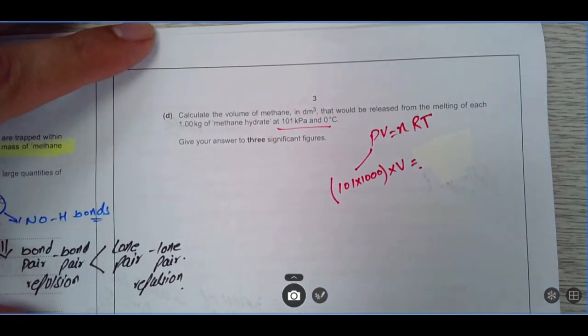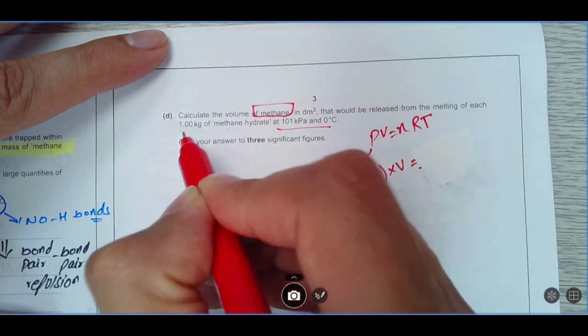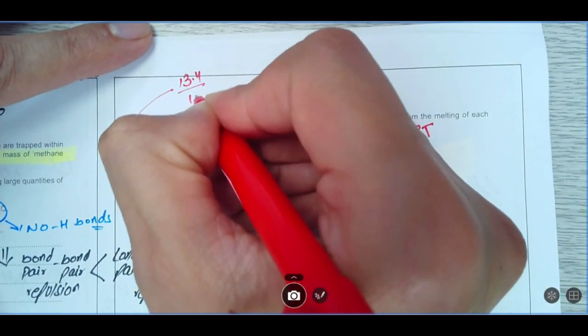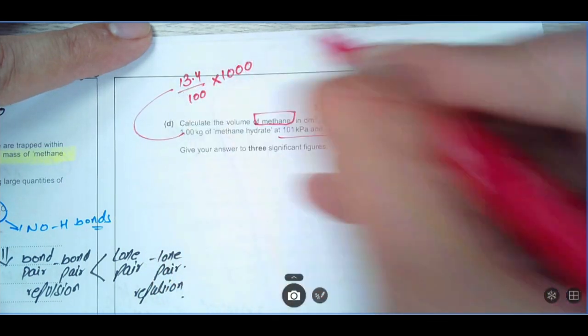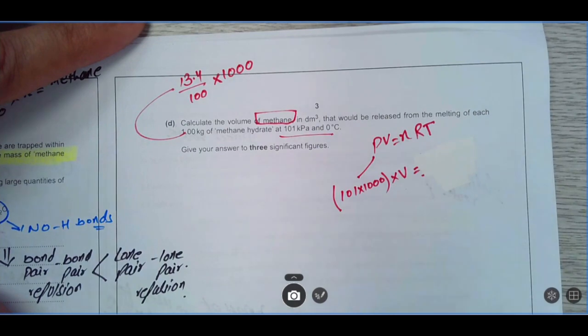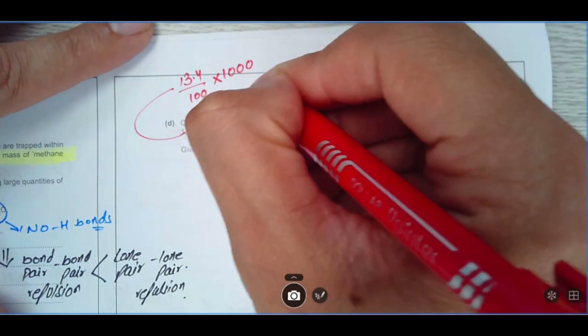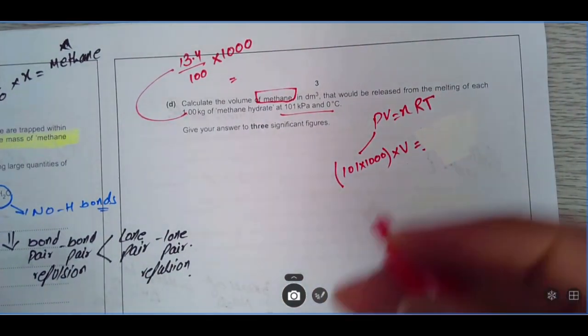So to work out the volume of methane released, the mass of methane will be, again, 13.4% of 1,000. Does that make sense? So what is that mass equivalent to? 134.